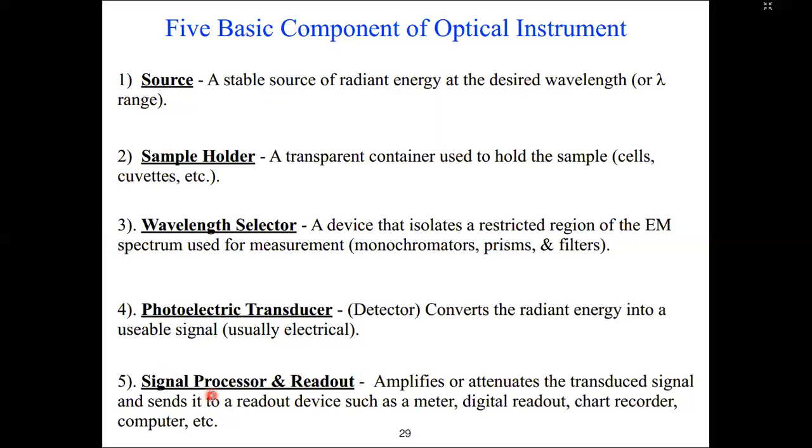We get the information on a computer screen or some other form of screen, which is called the readout device, where we see the information, in most cases the computer screen monitor. In coming slides we'll be discussing these 4 topics in detail. However, the 5th one, the signal processor and readout device, is not discussed. It is just the screen.